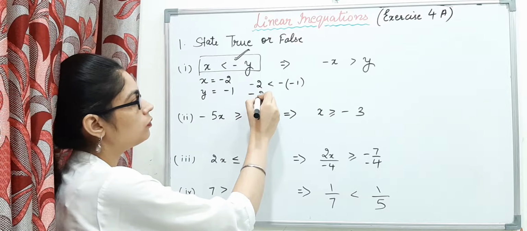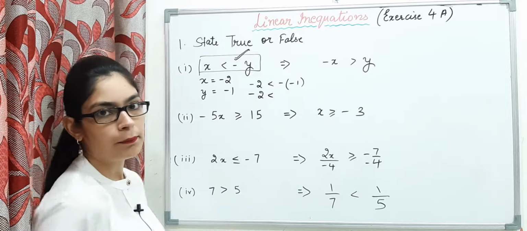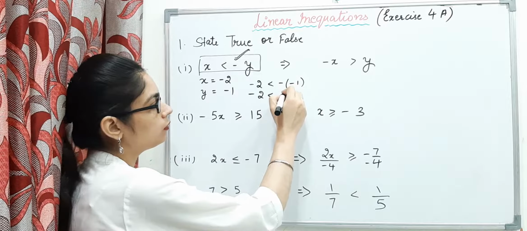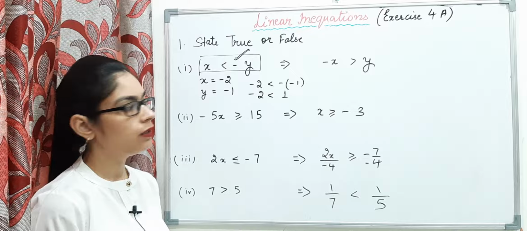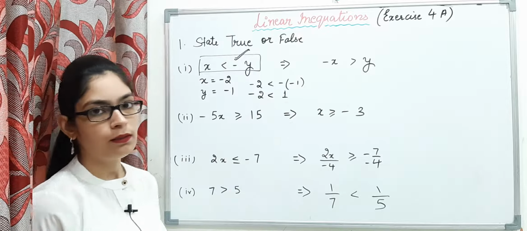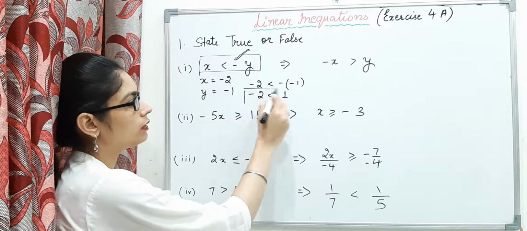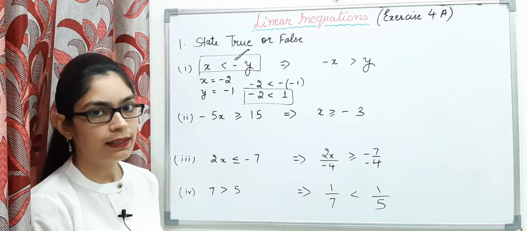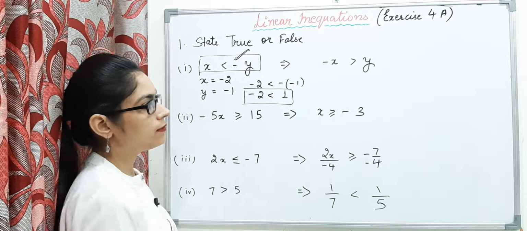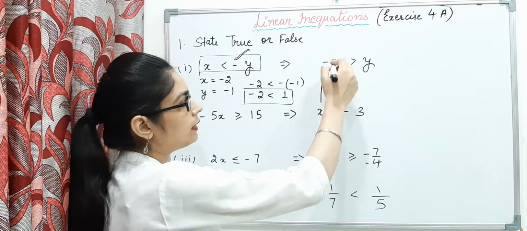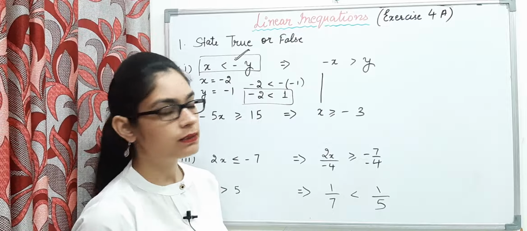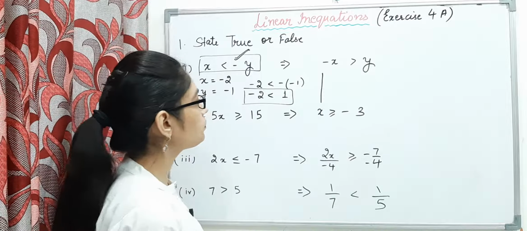So minus 2 is less than, minus and minus is plus, so 1. Minus 2 is less than 1. So this is the given thing, and it is true also. All the negative numbers are less than positive numbers. Then they are saying minus x is greater than y.